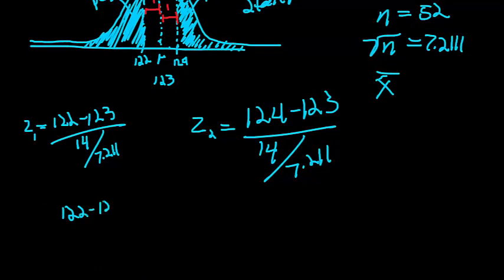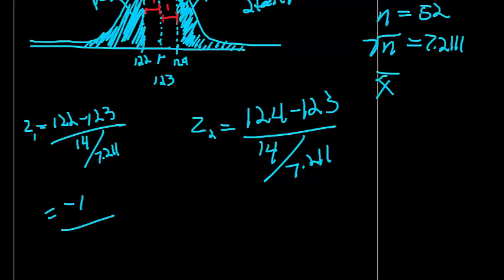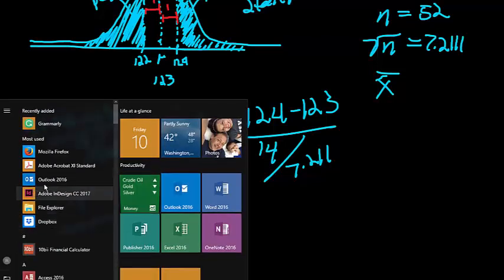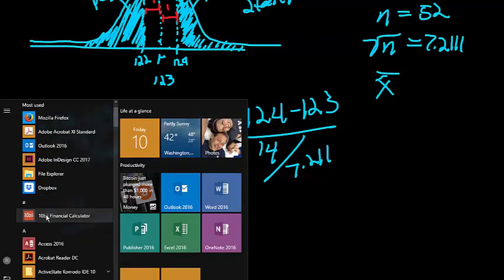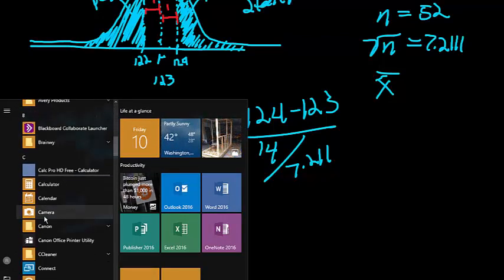122 minus 123 over 14 is negative 1. Negative 1 over, calculator. I want to use my non-fancy calculator.